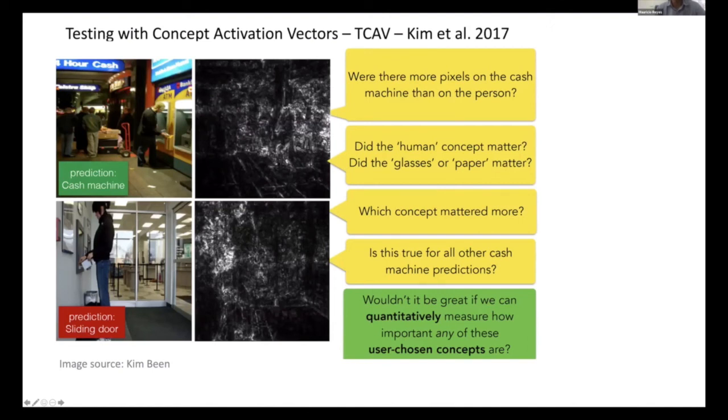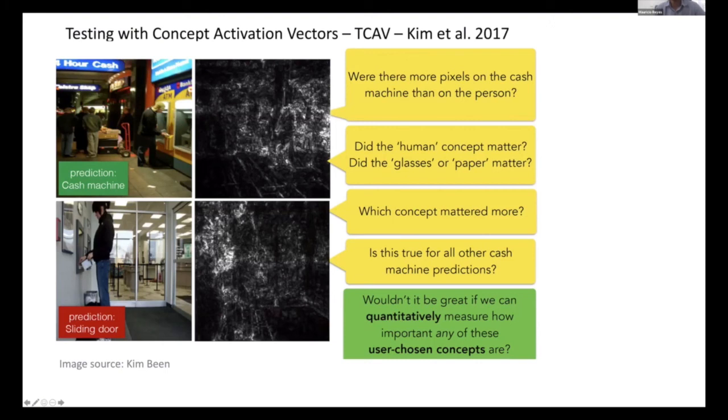With gradient approaches, you can see that the system, okay, it seems the ATM is about here. It seems the person is also there, right? The same for the sliding door. There is a lot of this part over here, which seems to be the hand or the person, right? So there is a lot of ambiguity in these approaches.